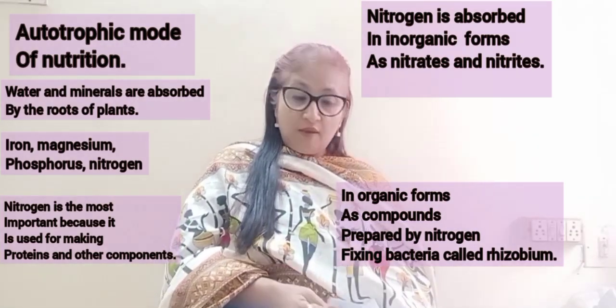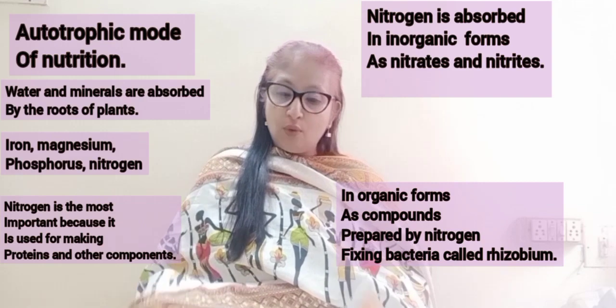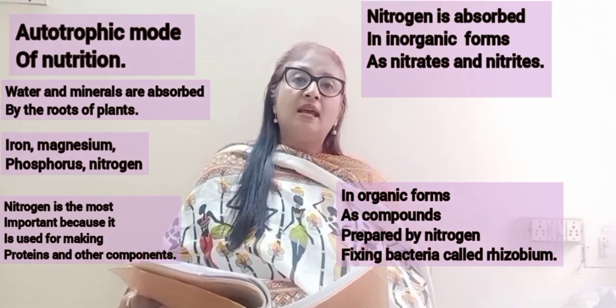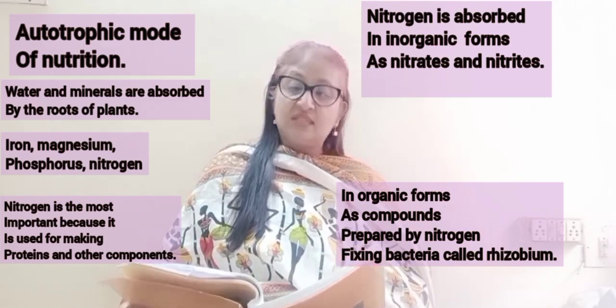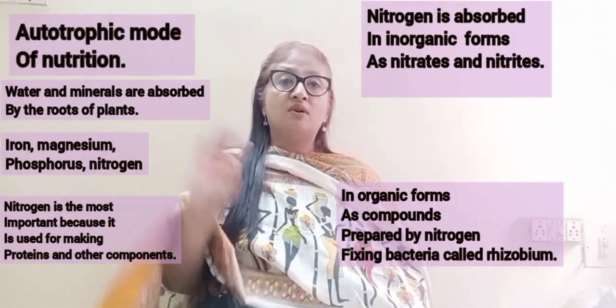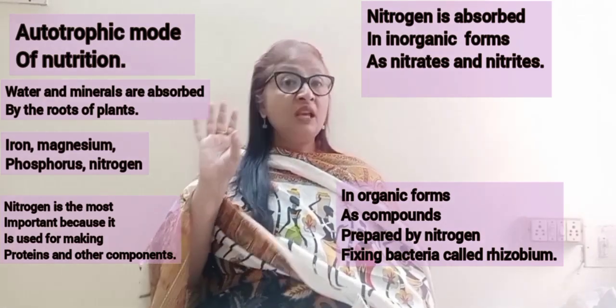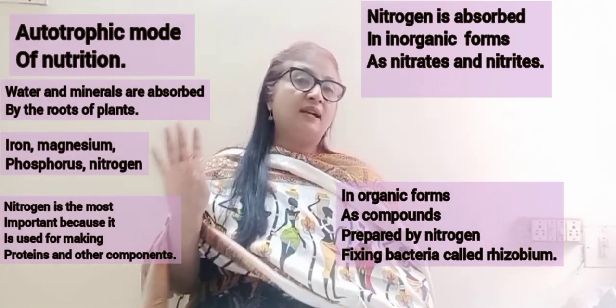So here, if I read out that portion for you, it is taken up in the form of inorganic nitrates and nitrites, or it is taken as organic compounds which are prepared by whom? Which are prepared by nitrogen fixing bacteria, that is Rhizobium.